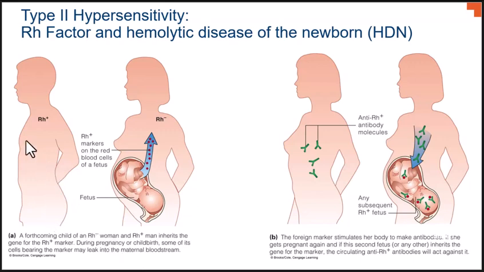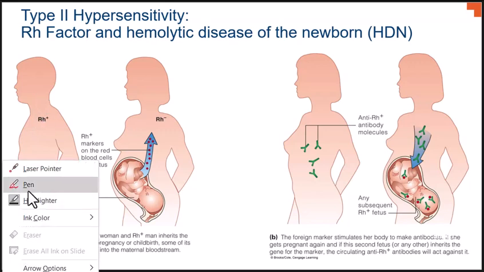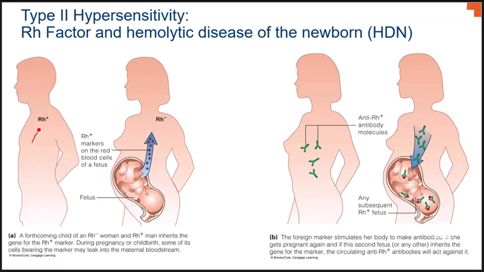So let's look at this example where we have a male, and for simplicity, we're going to say he has A positive blood. And the mom here has A negative blood. And they conceive a child. That child could have positive blood, or that child could have negative blood. But let's look at an example where that child has A positive blood.